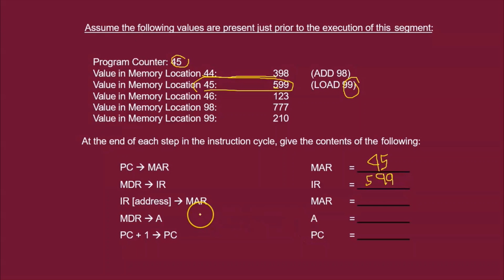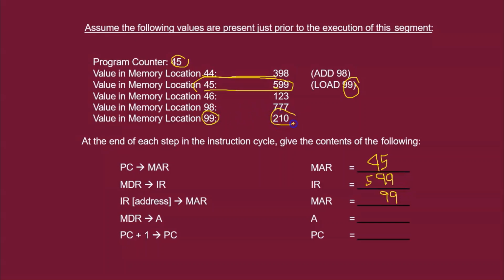Okay. And then, because this is not the real one, we can assume that 99 is an address. So the address is 99. It looks like you want to load from the address 99. Okay, go to the 99.